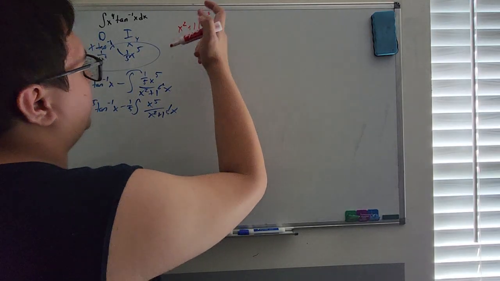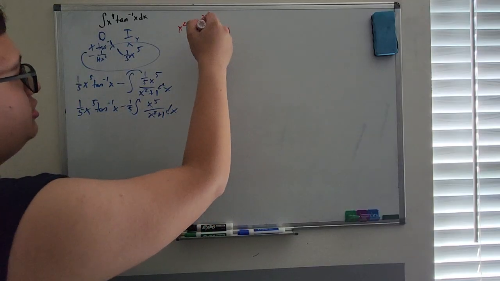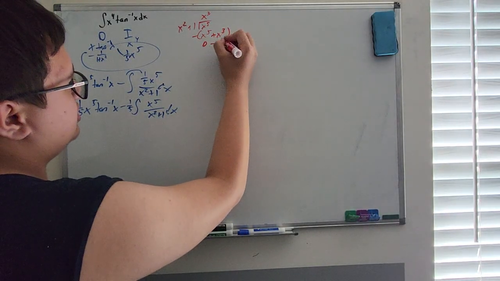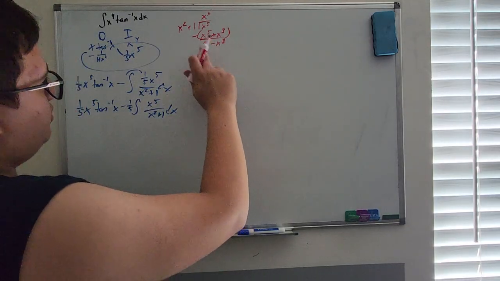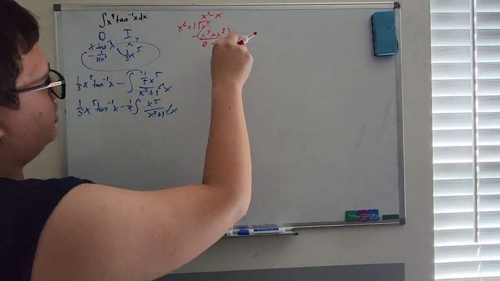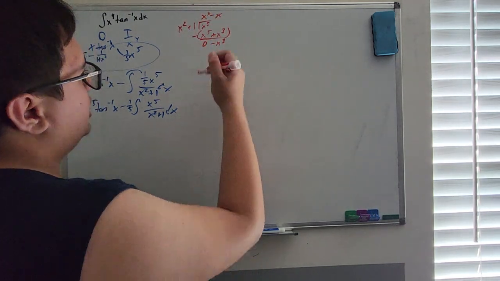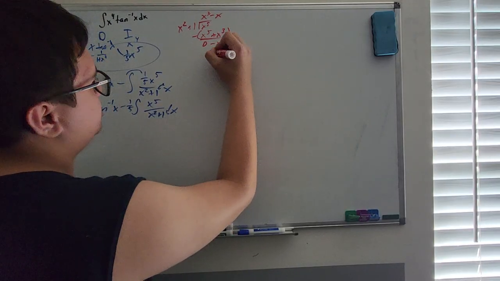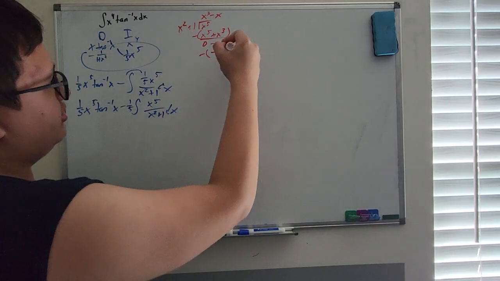So 1 times that would be x to the third, and subtracting makes it zero. Then 1 plus that will just be negative x.